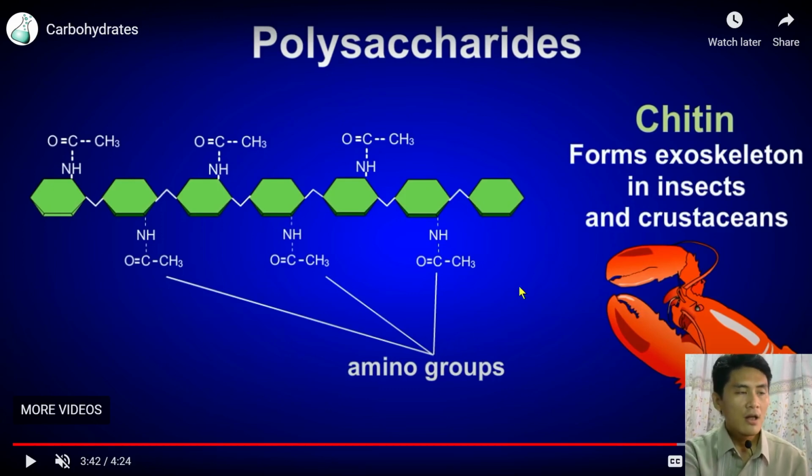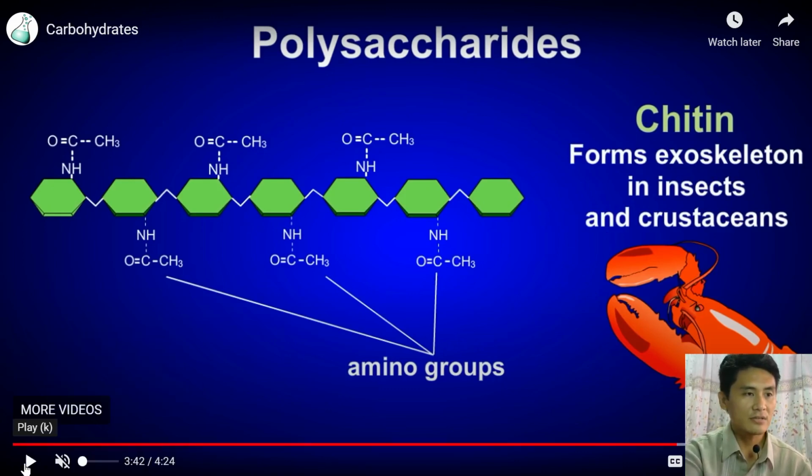But it's really just a chain of glucose plus some amino groups. So if you have a chain of sugar molecules, monosaccharides, plus you add some amino groups, that is chitin, and nature uses that as exoskeletons of insects and crustaceans, right?